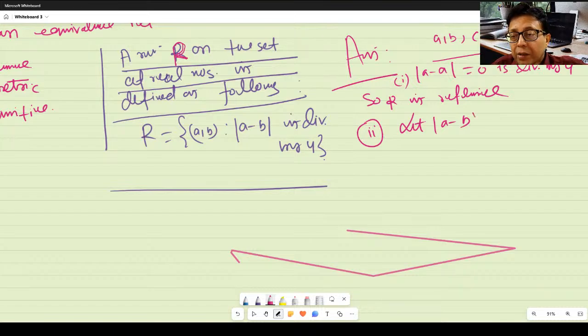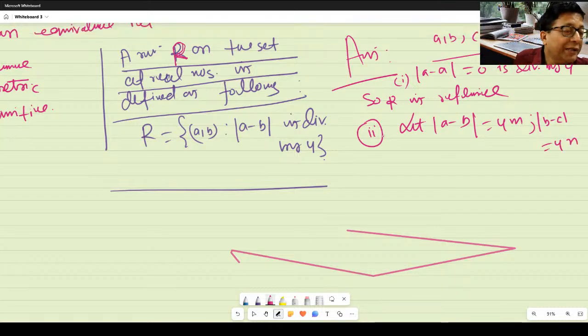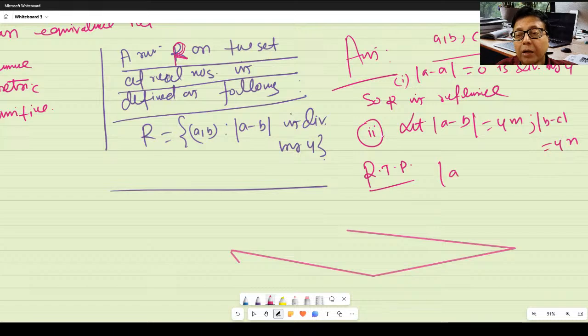Let mod A minus B equal to 4M, mod B minus C equal to 4N. Required to prove mod A minus C is divisible by 4.